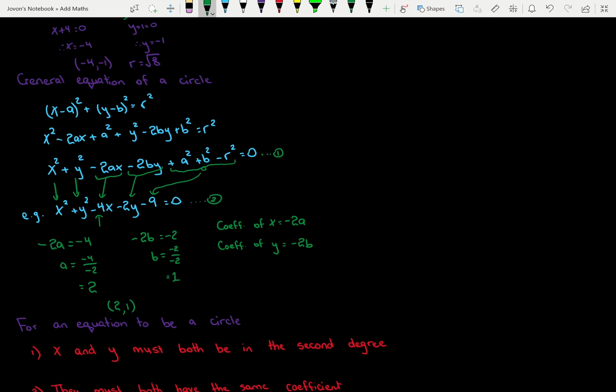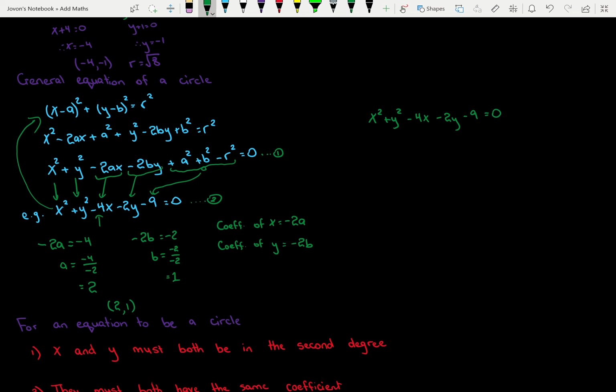Now, this is one way to go about it, or what we could do is actually go from here back to this form. And it's simple to do. So let me show you how we do it. We have the equation x squared plus y squared minus 4x minus 2y minus 9 is equal to 0.